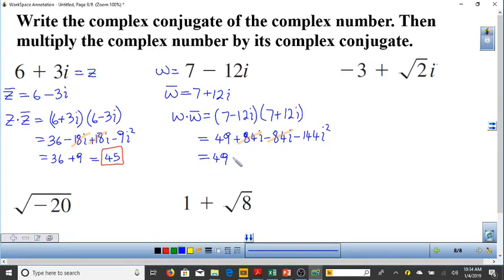And then that's just positive 144 because i squared is negative 1. Again, 7 squared plus the square of negative 12. And then when we add those up, I believe that gives us 193. I believe that's what that works out to be.